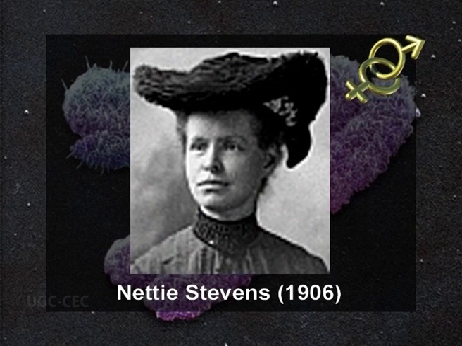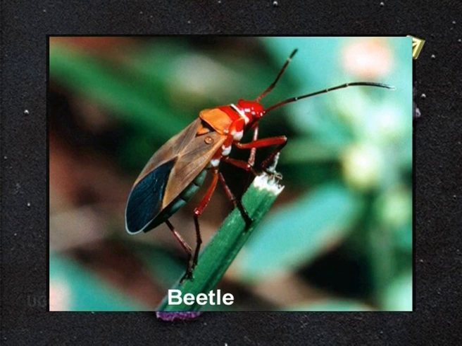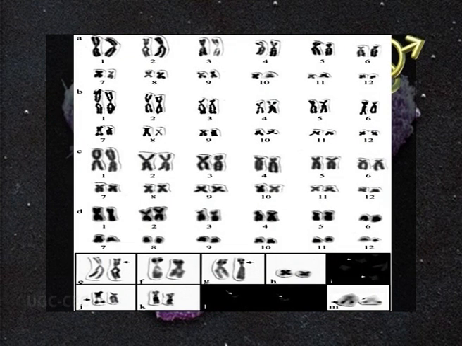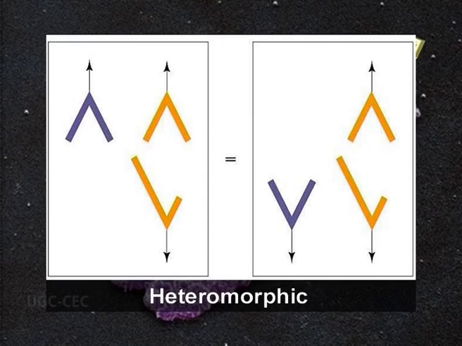She noticed that cells of female beetles had identical looking pairs of each of their several chromosomes, which is known as homomorphic, but that male beetles had one pair in which the chromosomes were very different in appearance from each other, which is known as heteromorphic.